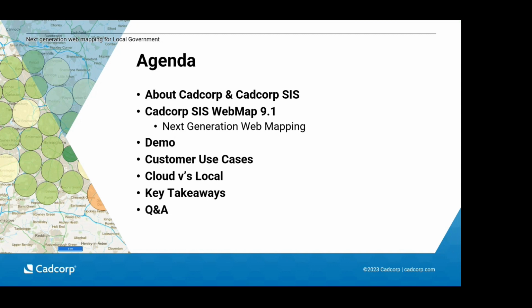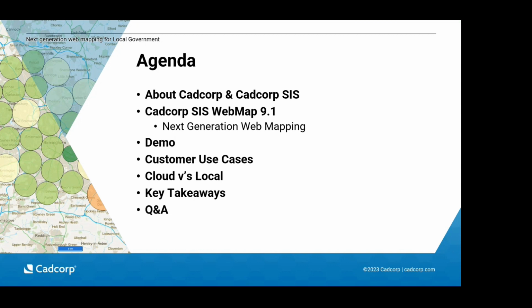I'll then pass over to Simon for the majority of the time today, and he's going to demonstrate a number of examples. Then it'll be back to myself to talk about some current customer use cases. I'll talk a little bit about deployment, whether in the cloud or local, and finally I'll round up and take remaining questions at the end.